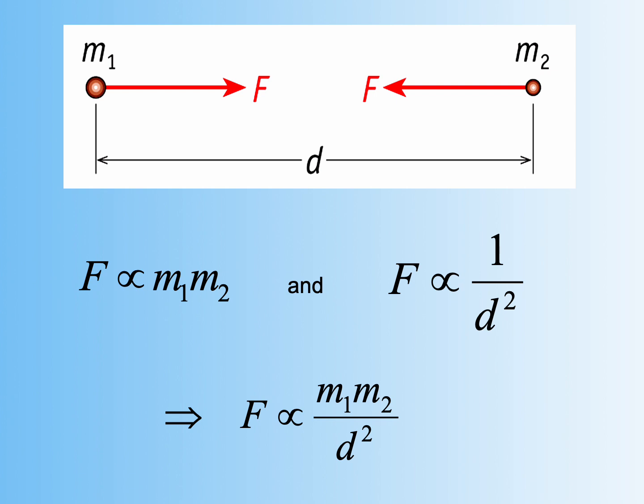And then when we tie those 2 concepts together, we would have the force is proportional to the product of the masses over the distance squared. And mathematically in physics, if we want to change that proportional sign to an equal sign, we have to bring in a constant.